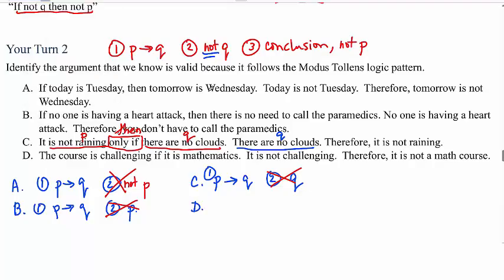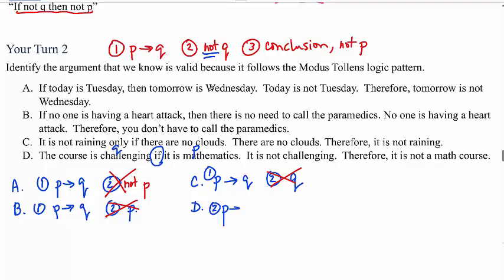Now let's look at part D. Part D says the course is challenging if it is mathematics. Once again, we have an if in the middle of the statement. So this is a Q if P pattern. So the hypothesis is actually the end of the statement and the conclusion's at the beginning.